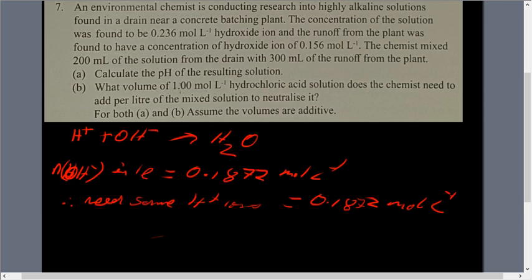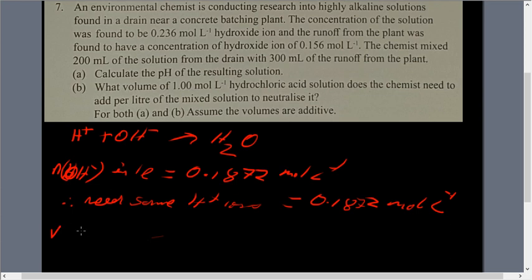Now, we've got 1 mole per litre of hydrochloric acid, and we're asked how many we need in a litre. That's the question. So what we simply do is use our volume.